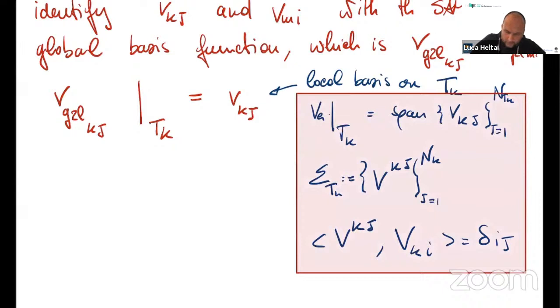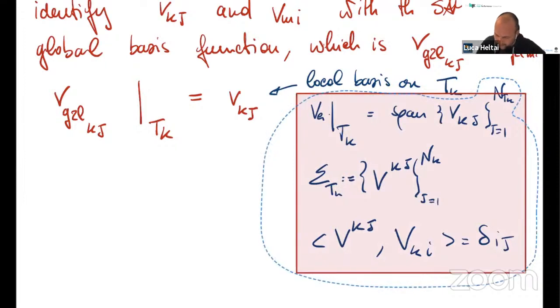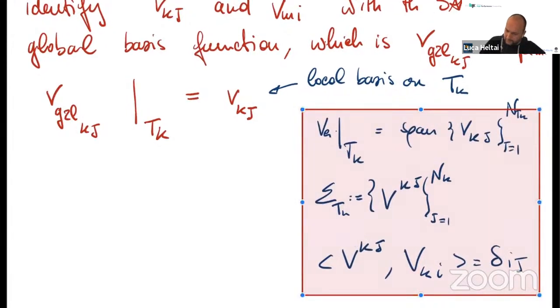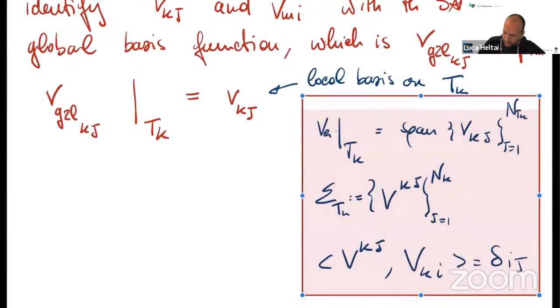So the finite element triple is a local property.